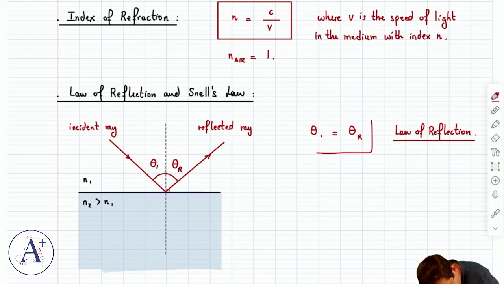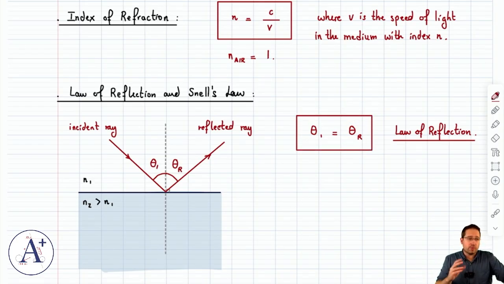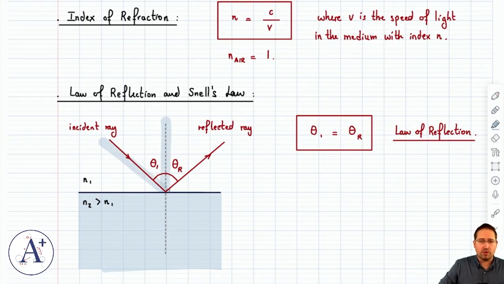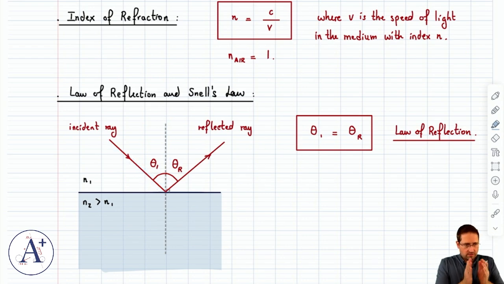Very straightforward. And the reflected light is going to be contained within what's called the plane of incidence. Okay, so the plane of incidence is the plane defined by the incident ray and the normal. And so in this case, it's the plane of the sheet of paper or of the screen. And what we're saying is that the reflected ray will also lie in that plane.